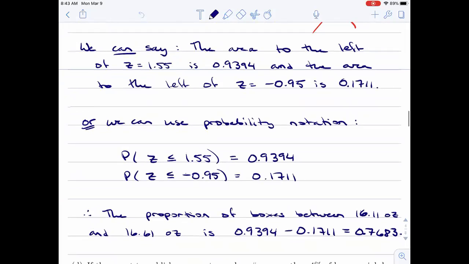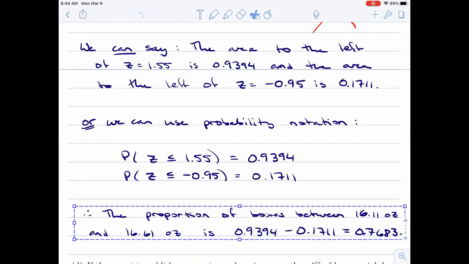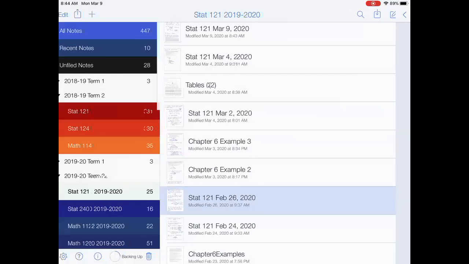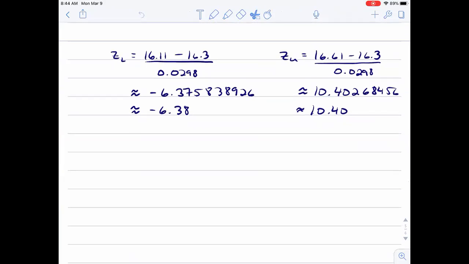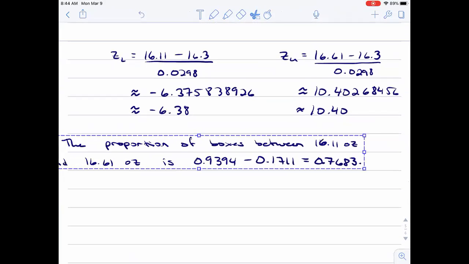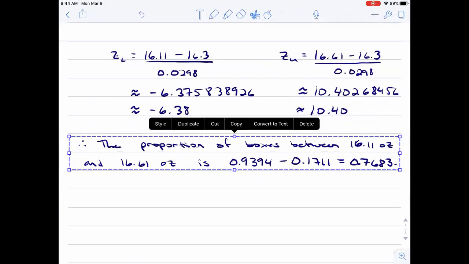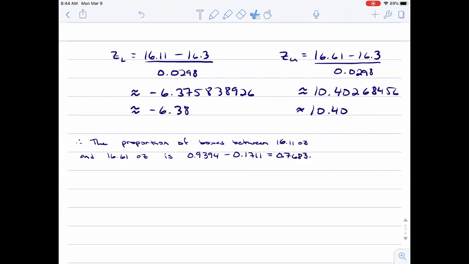So individual boxes, we found that the probability of having an individual box that's between 16.11 and 16.61 ounces is 0.7683. So we found a reasonable sounding probability here. In fact, I'll steal this, and put it in a dreaming bubble.